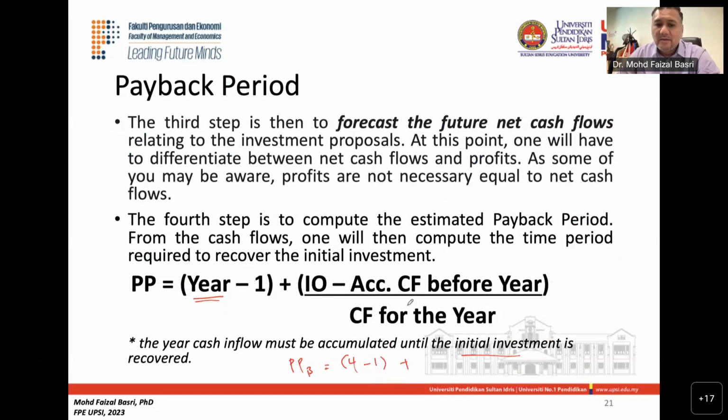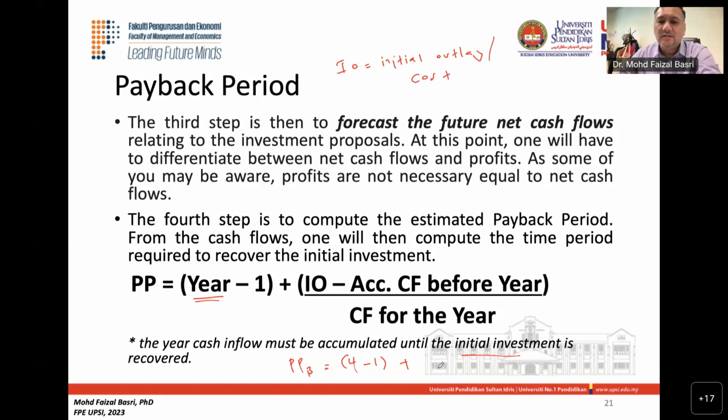And then we add IO. IO here refers to initial outlay. IO equals initial outlay, or simply the cost of your investment.